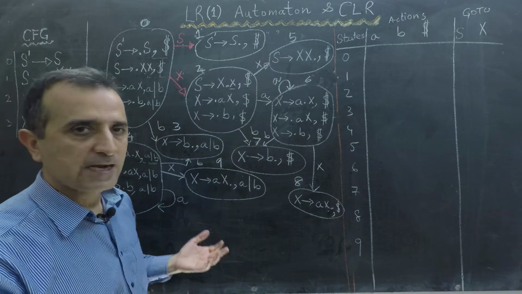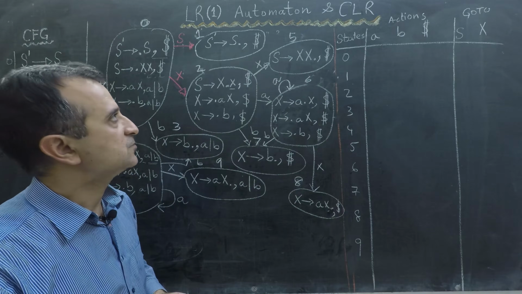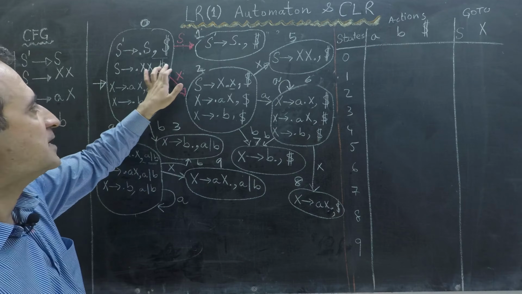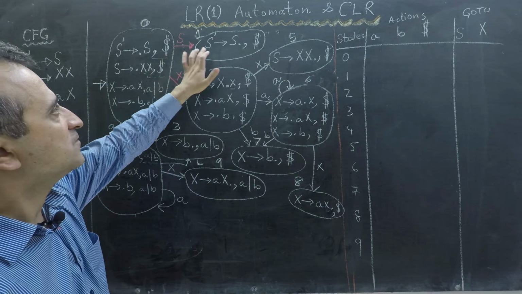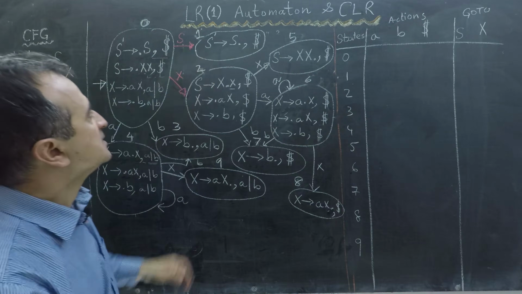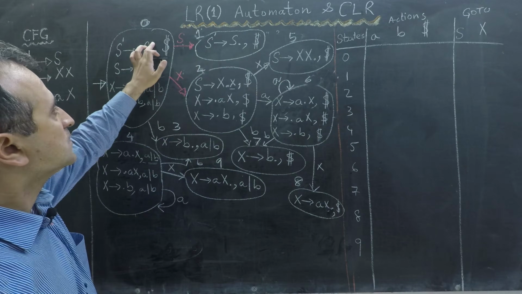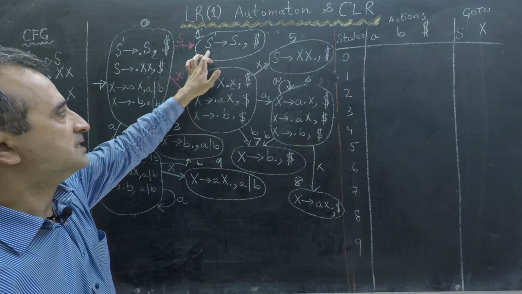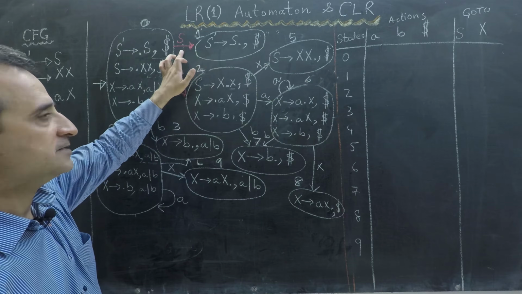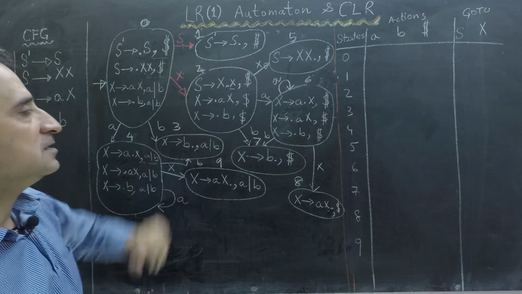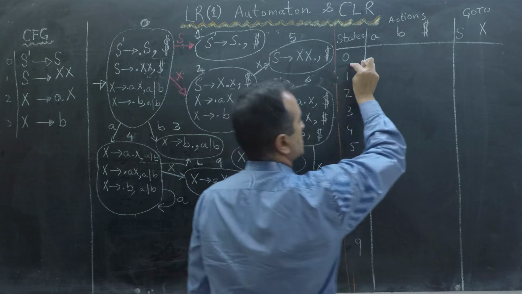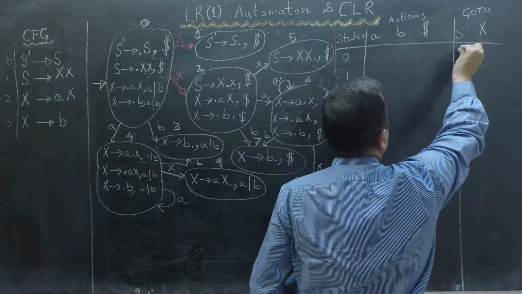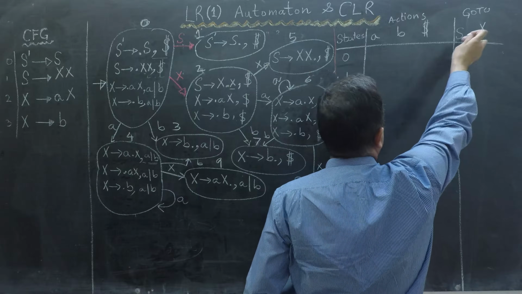So let's add those actions quickly. From this state, on S I go to 1. So that means from 0 I go to state 1 on S. Therefore, on the 0th state I will add 1 on grammar symbol S.